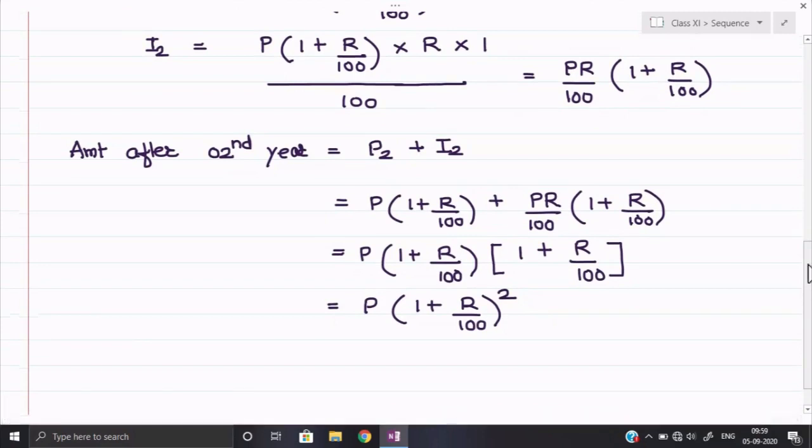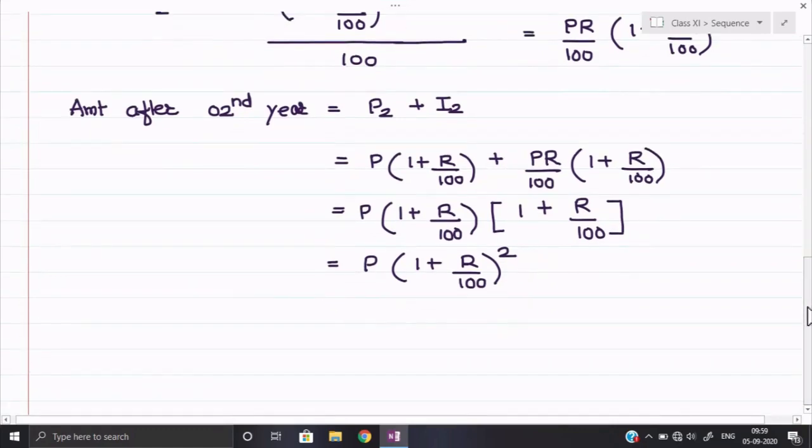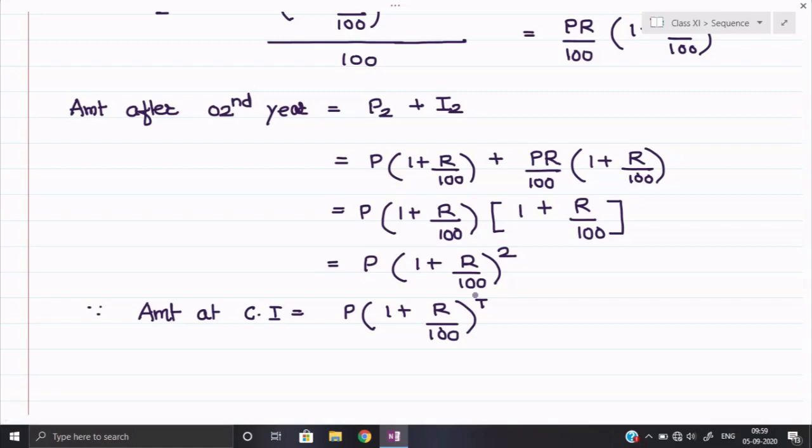Now we know the formula of amount at compound interest: P into the bracket 1 plus R upon 100 whole power T. Normally we say N, but I am writing T because I am taking time as T. So this is the formula of amount at compound interest.